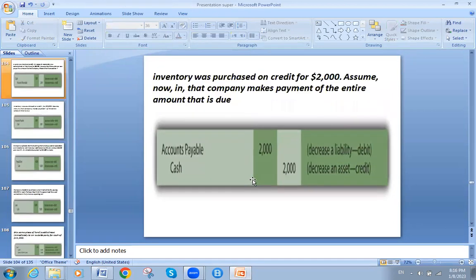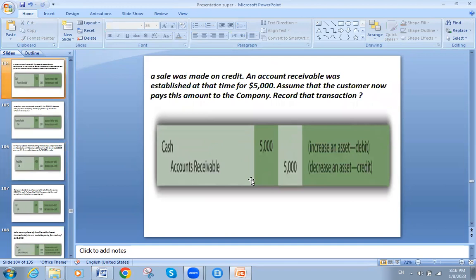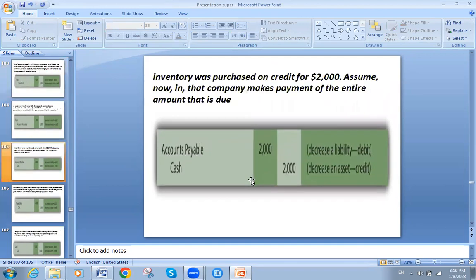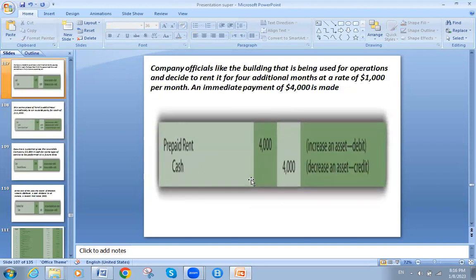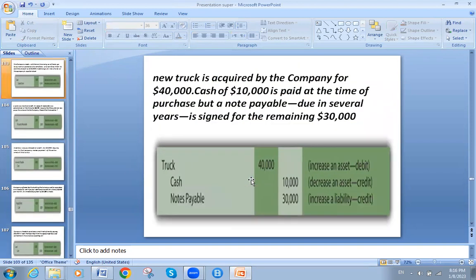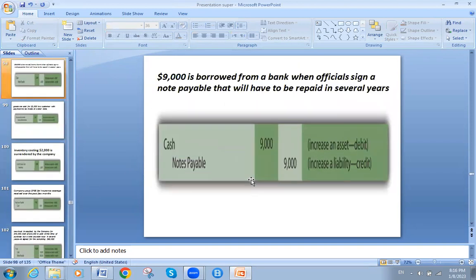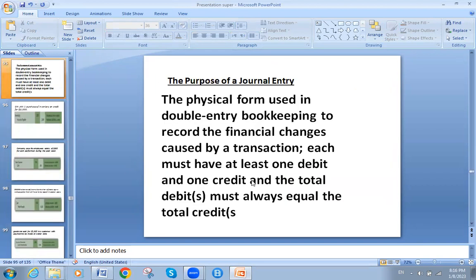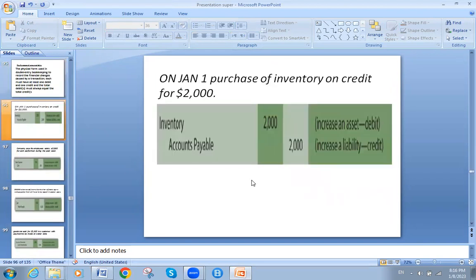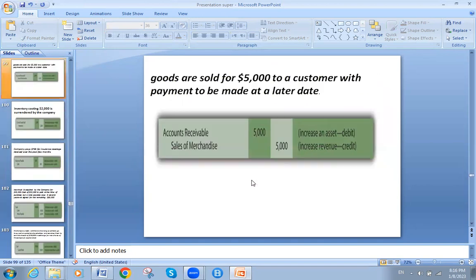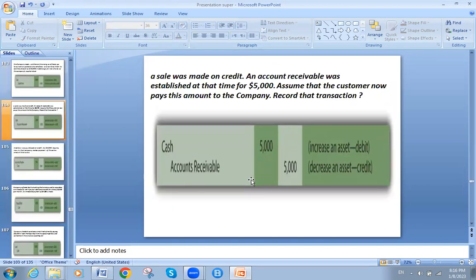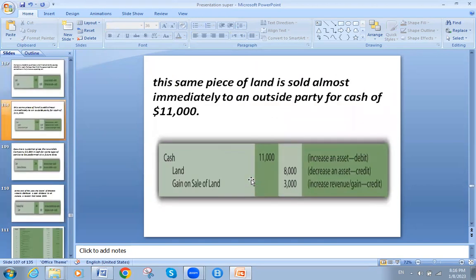So we'll do it this way. So it will be from the expenses, like we said.